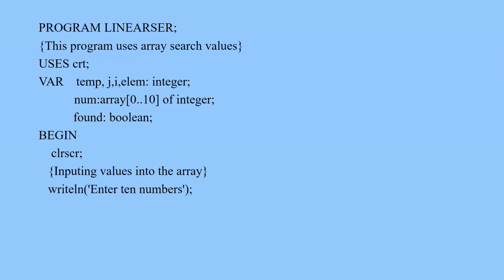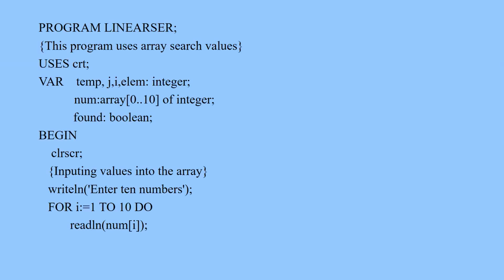We input values in the array. The message enter 10 numbers is displayed, and then we use the for loop to control the elements. We initialize I with 1 to 10. Is the value of I less than 10? Yes, because the current value is 1. So we take the first value and store it in the memory location called num1.